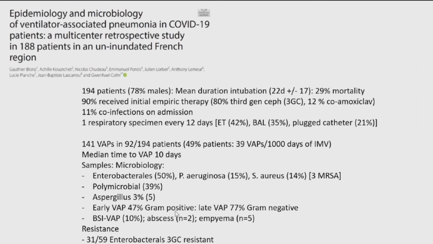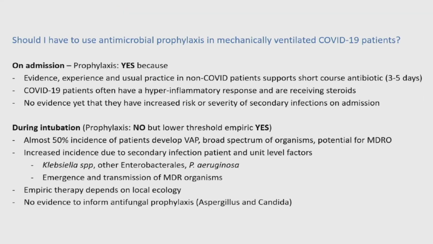So based on all the data that we have and the previous guidelines based on influenza and the Surviving Sepsis guidelines of COVID-19, what should be the recommendation and how should we go about giving prophylactic antibiotics in COVID-19 patients? Now, should I use antimicrobial prophylaxis in mechanically ventilated COVID-19 patients?